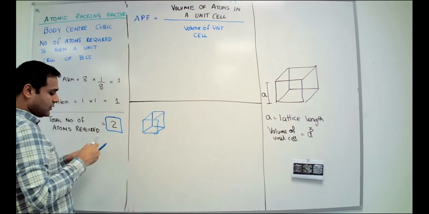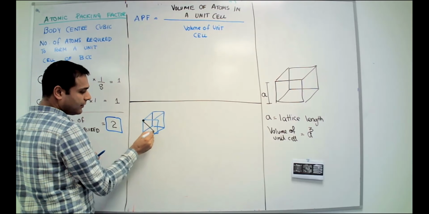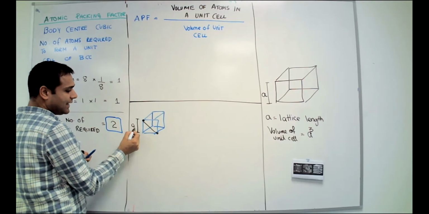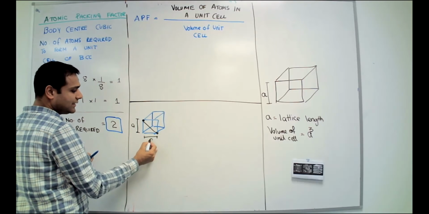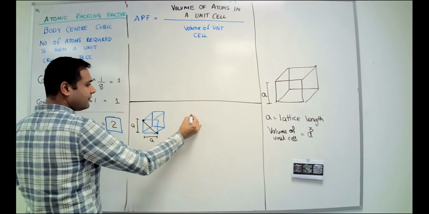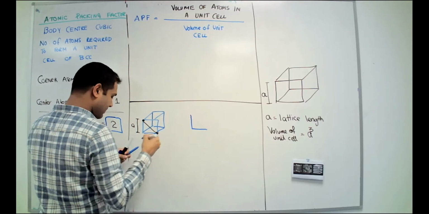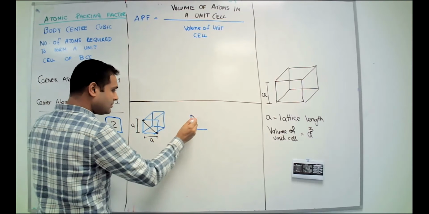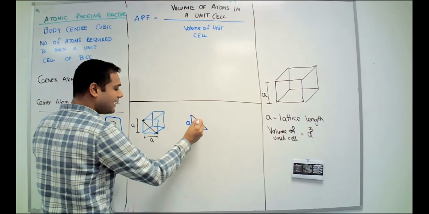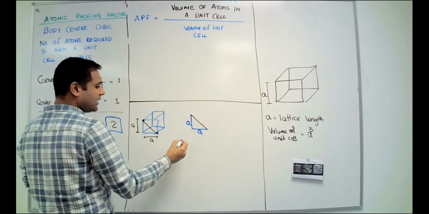I'm trying to find this length from here to here. I know this length is a, and I know this length is a as well, because it's a cube. So if I draw a triangle where this is a and this is a, I can find the hypotenuse.